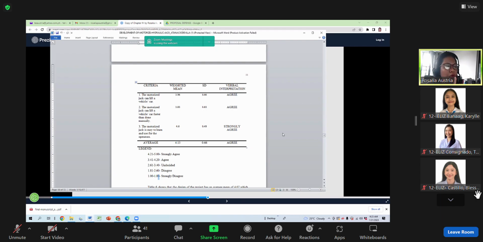If that is a 5-point scale, 5 minus 1, because you start at 1, is 4 divided by 5. So, what you add is 0.80. So, 1 is the interval, then up to where? Strongly disagree. So, 1 plus 0.80, what is the answer?